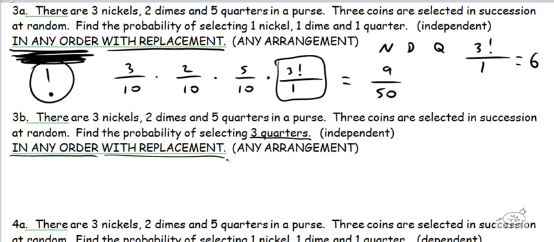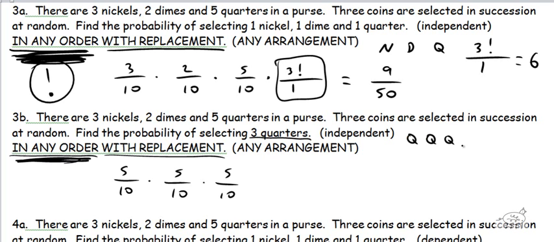What's the probability? Okay, first of all, it's with replacement. So do you guys agree it's 5 out of 10? And I'm putting it back, so it's 5 out of 10. And I'm putting it back, so it's 5 out of 10. Right? But here, I want you to write this out. Every time you see in any order, I want you to write out the letters. So quarter, quarter, quarter. Okay? How many ways could I arrange that?